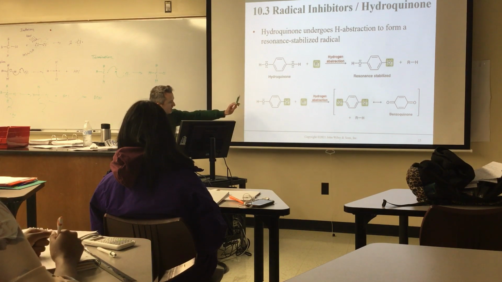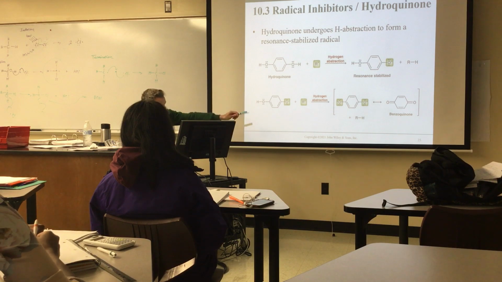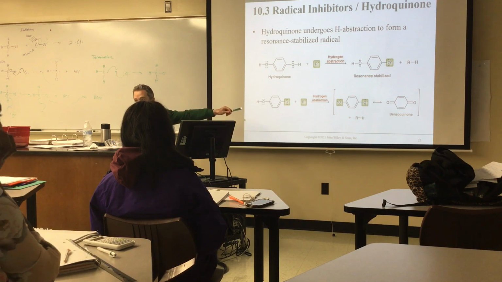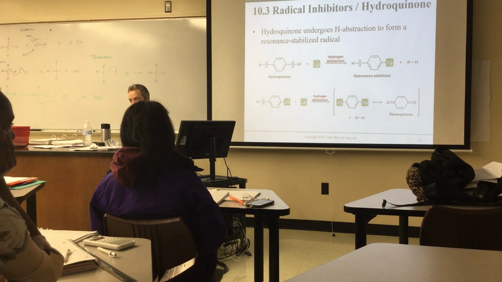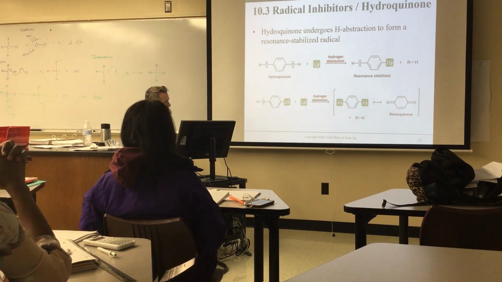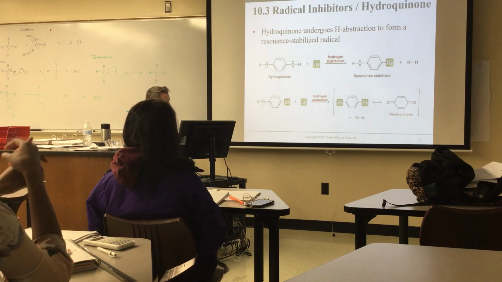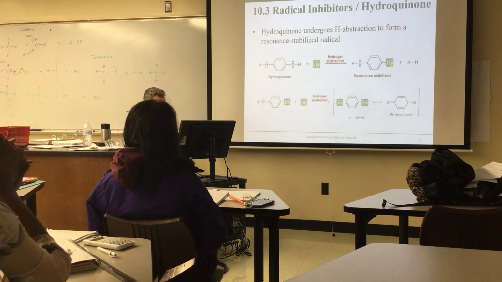When you do it twice, you form benzoquinone, and that benzoquinone is the colored species I was just telling you about. It's like a royal blue. Not that stable of a system. It is sensitive to light, and the whole thing is still sensitive to oxygen as well. Does anyone have any questions on that?